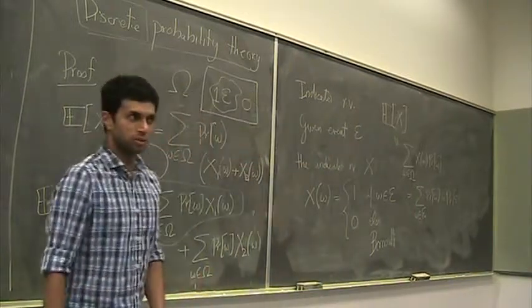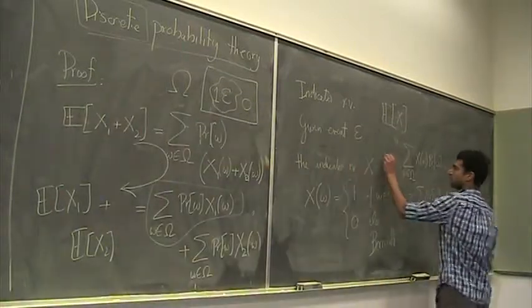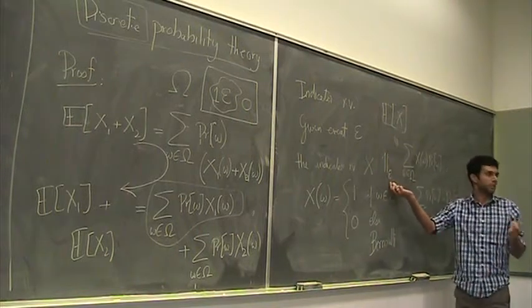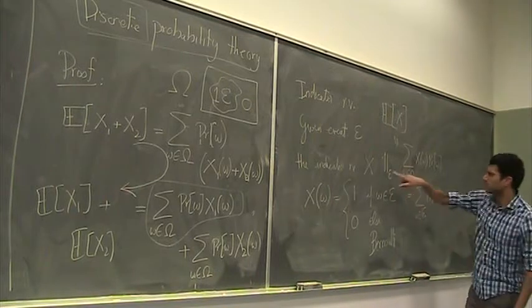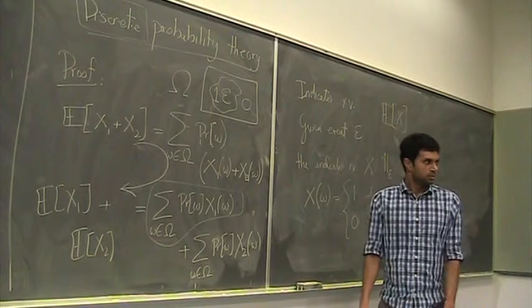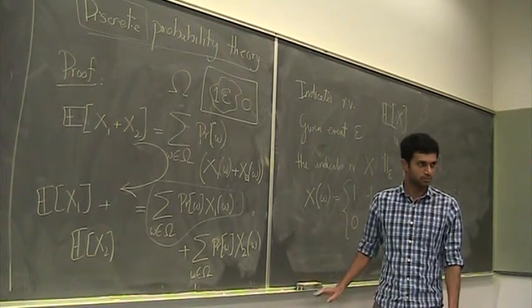Sometimes they also use this notation, a bold 1 with the event. This is the indicator random variable. Statistics texts will often use that sort of notation. Okay. Questions?